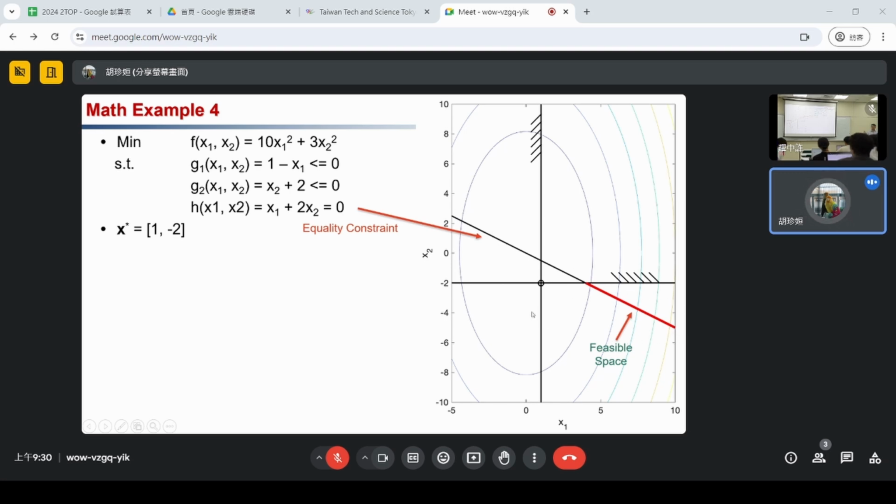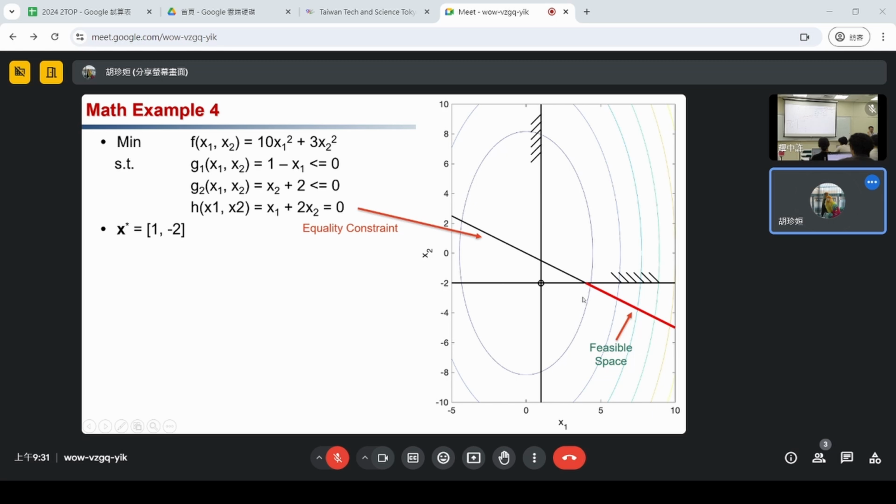So in order to satisfy all the rules, staying on the right-hand side of the straight black line, staying underneath the horizontal line, and also staying on the tilting line, the only feasible space is this red line. I need to find a point on this red portion. So can anyone tell me what's the solution? Where can I find a point on this red portion where the function value will be the smallest?